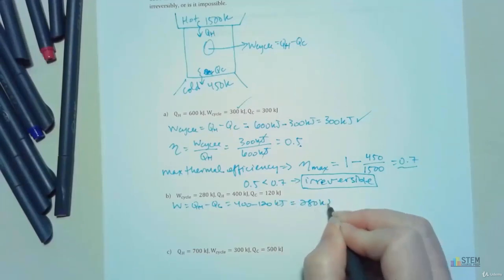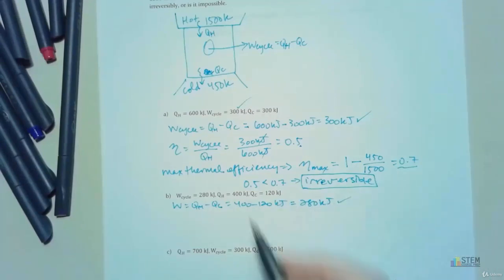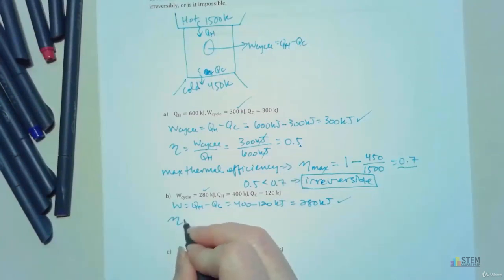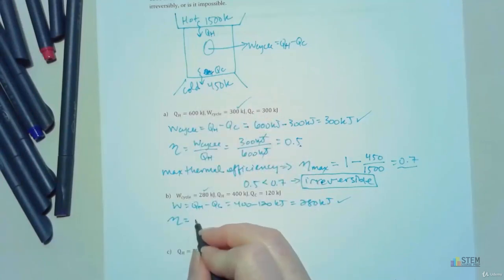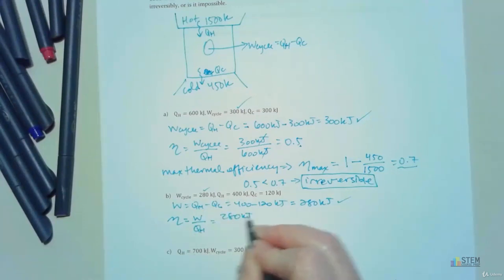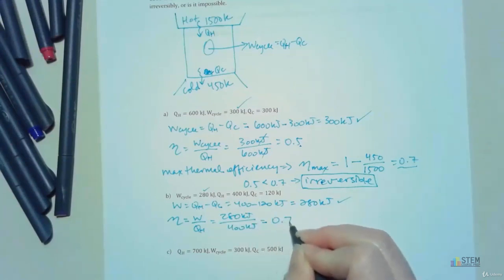Gives us 280 kilojoules. So that looks good because that matches this. So far it's possible. Now let's look at our eta, our thermal efficiency. The one for this process is going to be W over QH. That gives us 280 over 400, which is 0.7.